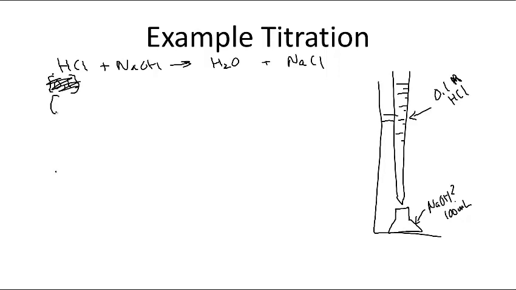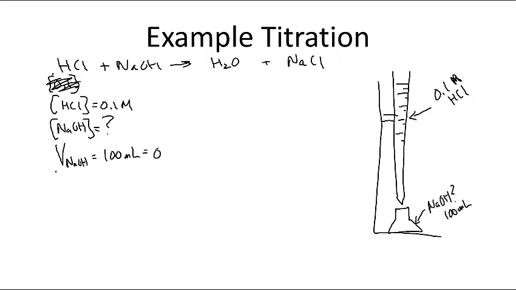So let's do it this way. HCl equals 0.1 molar. My volume of NaOH equals 100 milliliters, which we'll convert to 0.1 liters. So I run my titration.